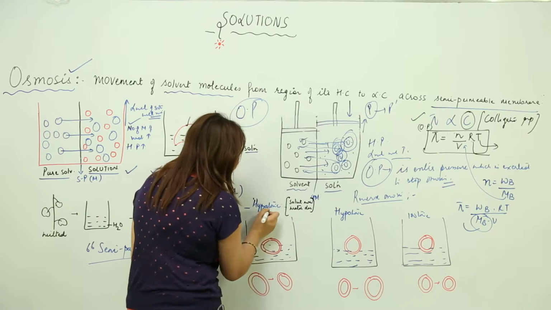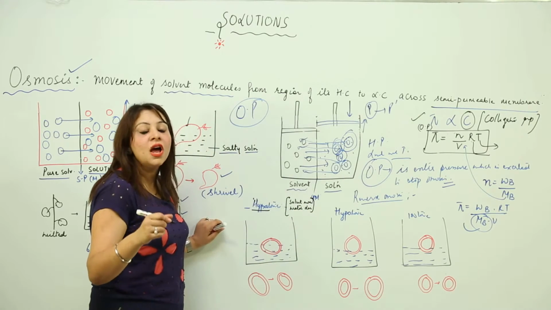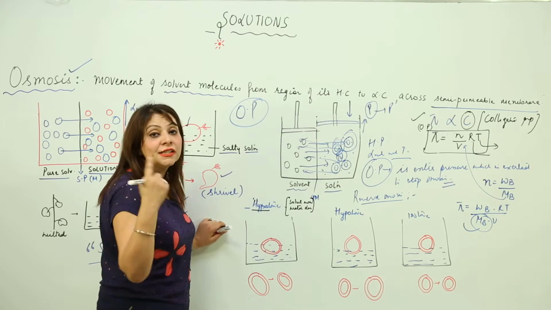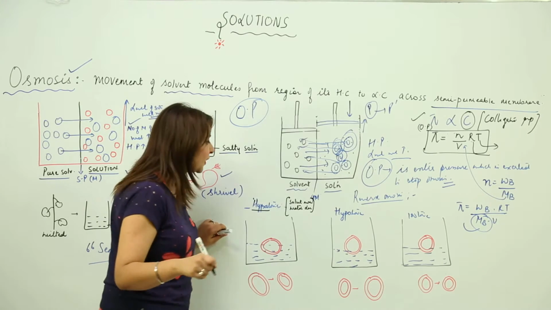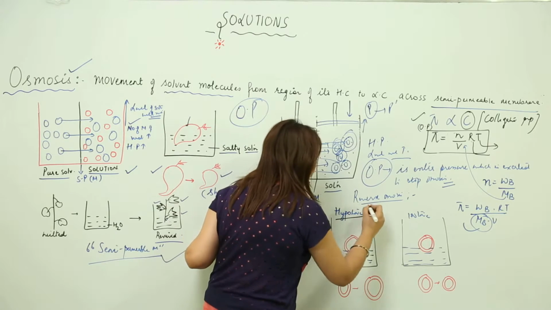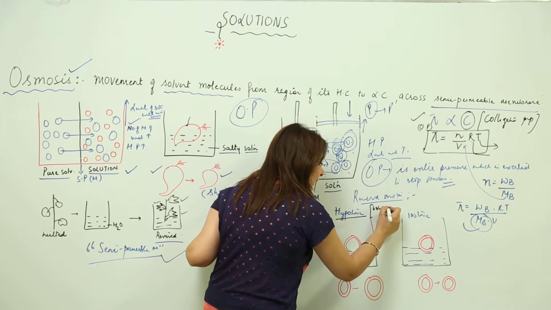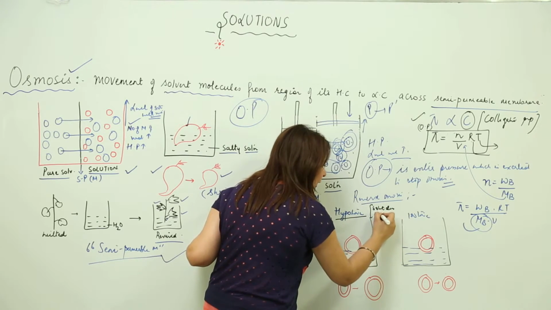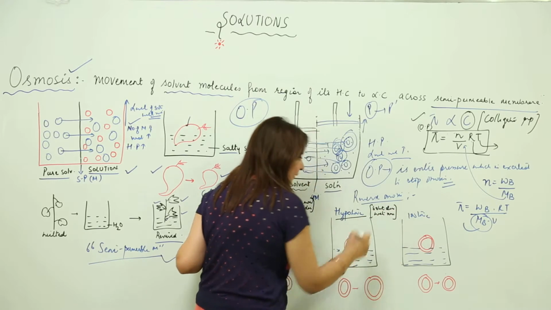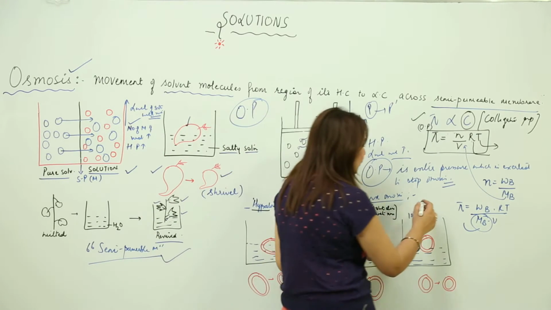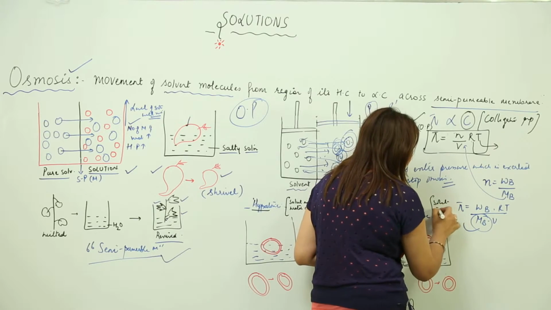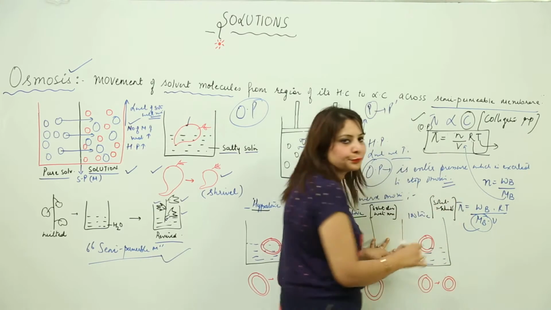I repeat, hypertonic means solute is more and water is less. That means it is a concentrated one, not a dilute one. But in hypotonic, solute is less and water or solvent is more in quantity. And in isotonic, the concentrations of solute and solvent are almost the same.